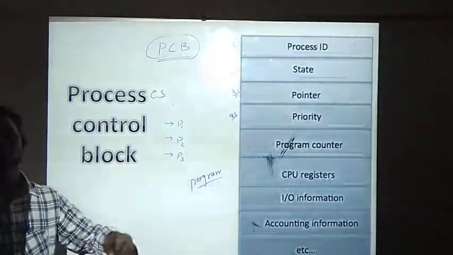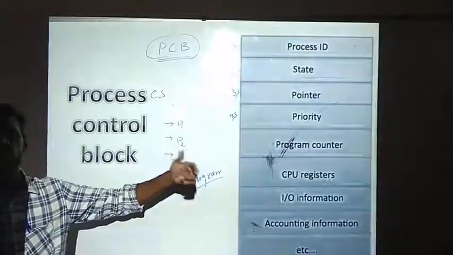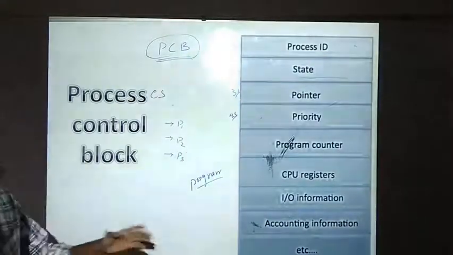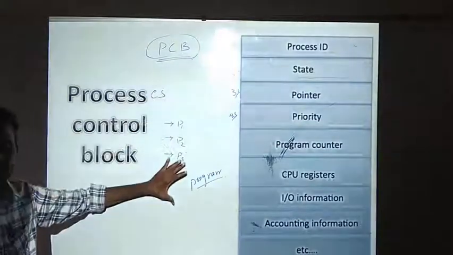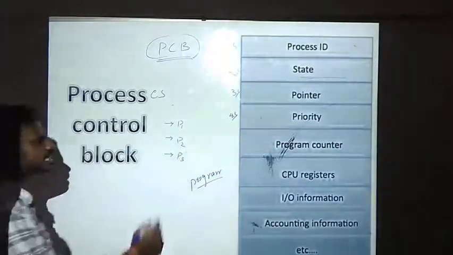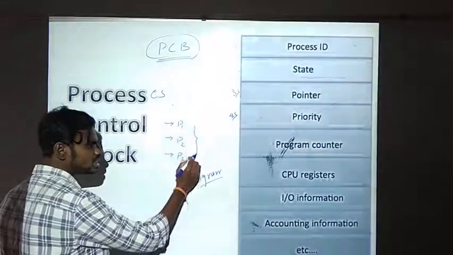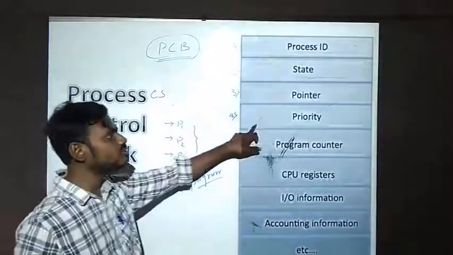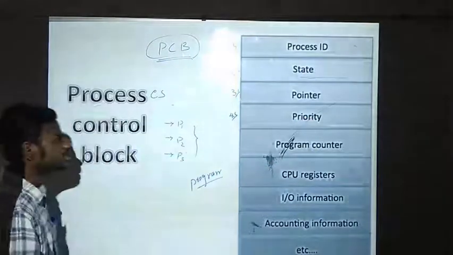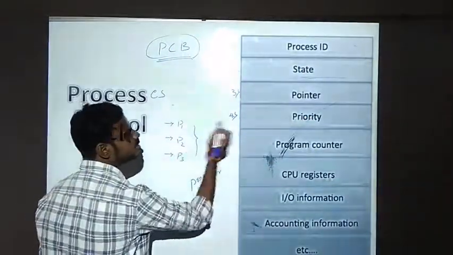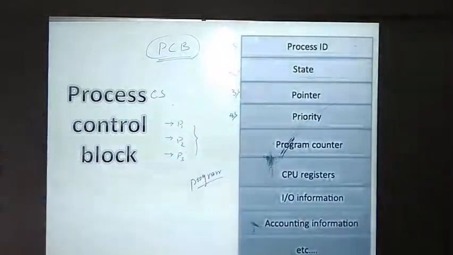You will give priority to the situation where you have to go to hospital. In that way, when we have a lot of processes, there is some priority for each and every process. According to the priority, we assign the processor to the processes so that they can execute. That priority is taken care of by the priority information.